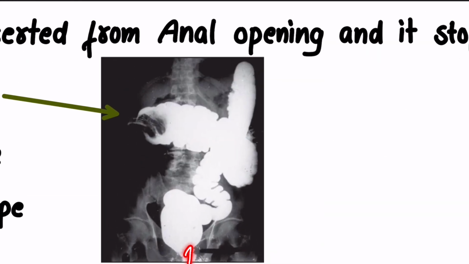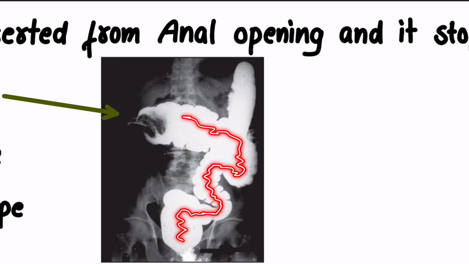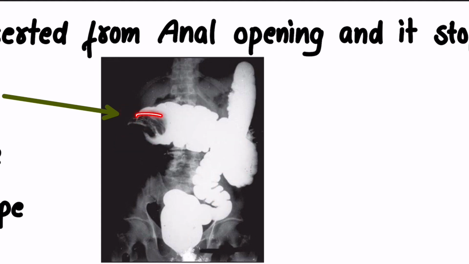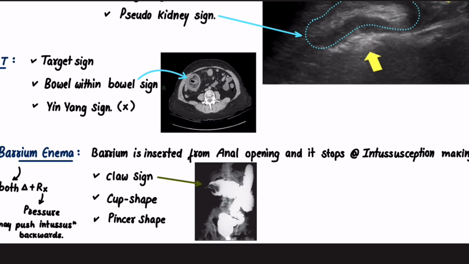Here you can see from the anal opening we inserted barium. This white color is representing barium. This will move and will stop where the part of intestine has got invaginated. So it will not move further, and it will stop here, forming a cup shape or claw shape.